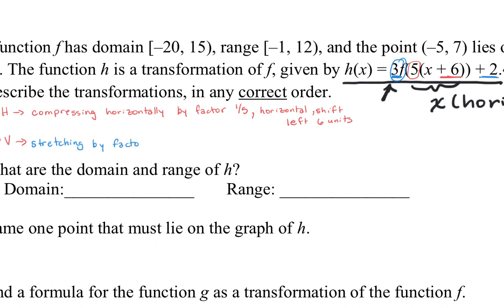So it's stretching by a factor of 3, and this is a vertical stretch. And then we see here that this 2 is happening to the entire function, and that means that our entire function is being shifted up 2 units. So it's a vertical shift, or up 2 units.